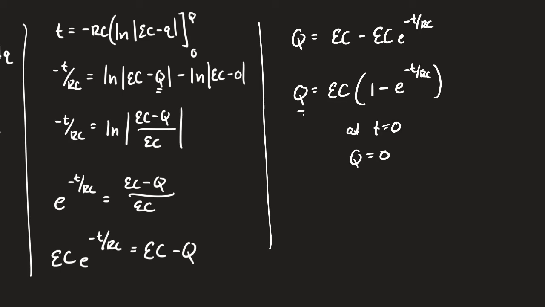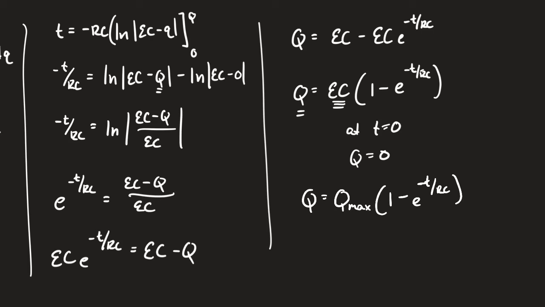Now, this q does represent the amount of charge on the capacitor. What is this product? We could write this as q equals q max times (1 minus e to the t over RC).